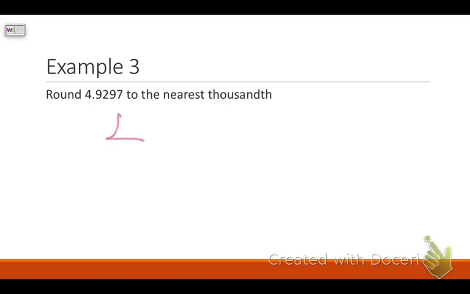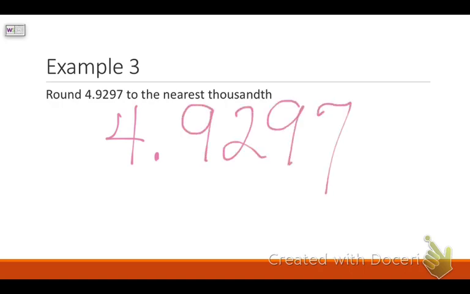You're going to round 4 and 9,297 ten-thousandths, and we're going to go to the nearest thousandths place, which is right here. Circle the 9. Let's look next door. Since the number next door to the 9 that we circled, the place value we circled, is 5 or more, we're going to raise the 9 up 1.